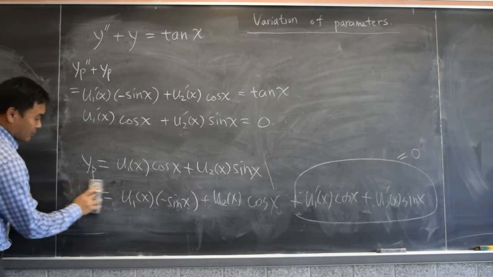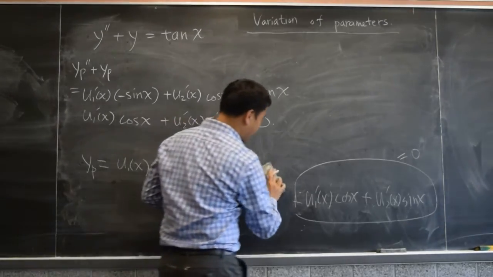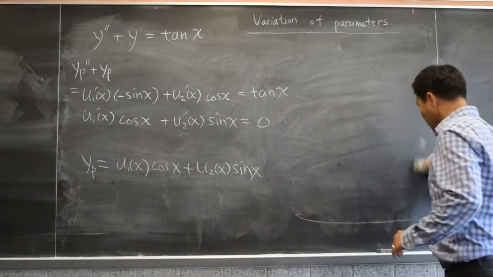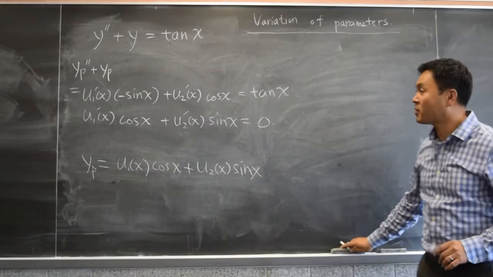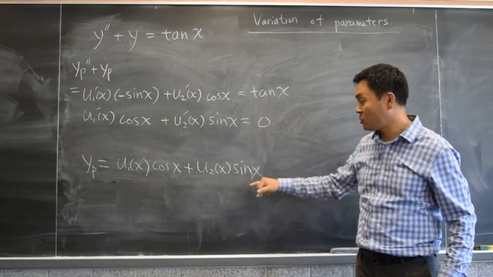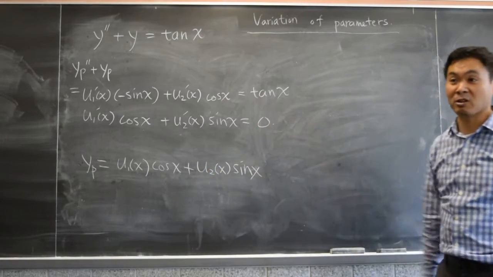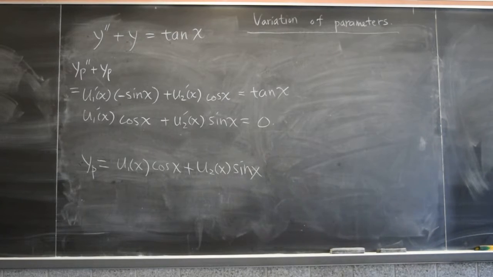And I don't want to erase the yp itself, because at the end of the day, after we figure out what u1 and u2 are, we have to replace these to get the particular solution.